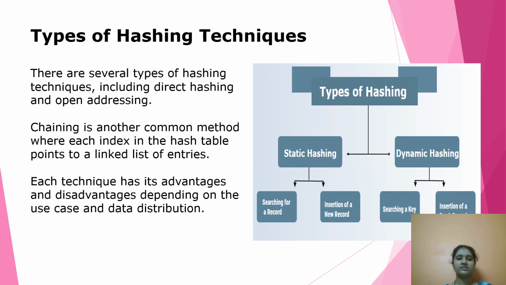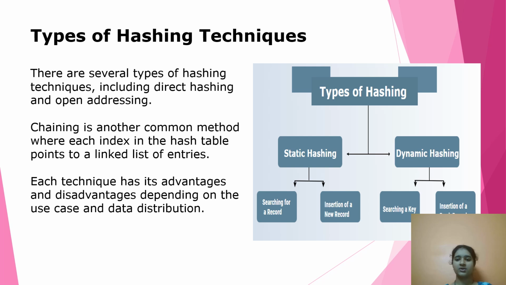Types of hashing techniques. There are several types of hashing techniques including direct hashing and open addressing. Chaining is another common method where each index in the hash table points to a linked list of entries. Each technique has its advantages and disadvantages depending on the use case and data distribution.